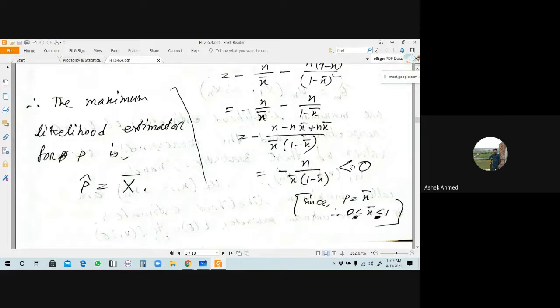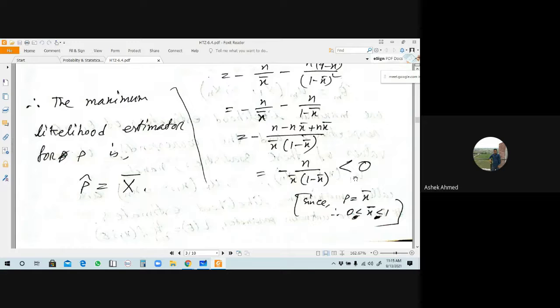That's why we can say that this value will be less than 0. Is it right? Respond to me. N, x bar, 1 minus x bar, all terms here are positive, but their coefficient is negative. That's why we can say that this is a negative value. Is it right or wrong?